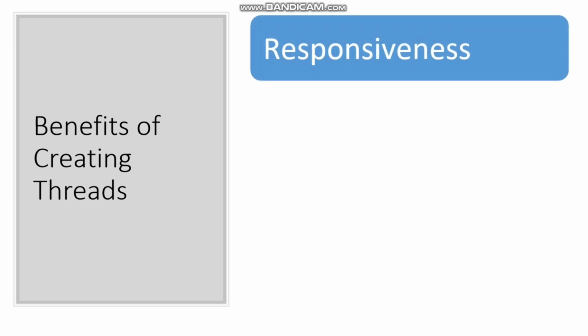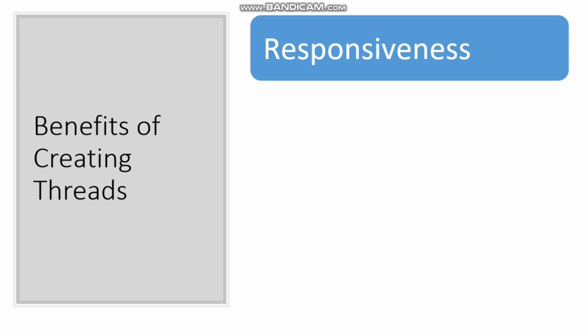So what are the basic benefits of threads? First is responsiveness. What is responsiveness? If you have a program, meaning a .exe file, and you run it, the interface interacts with your backend code. For example, you create an algorithm that fetches data, such as web scraping.